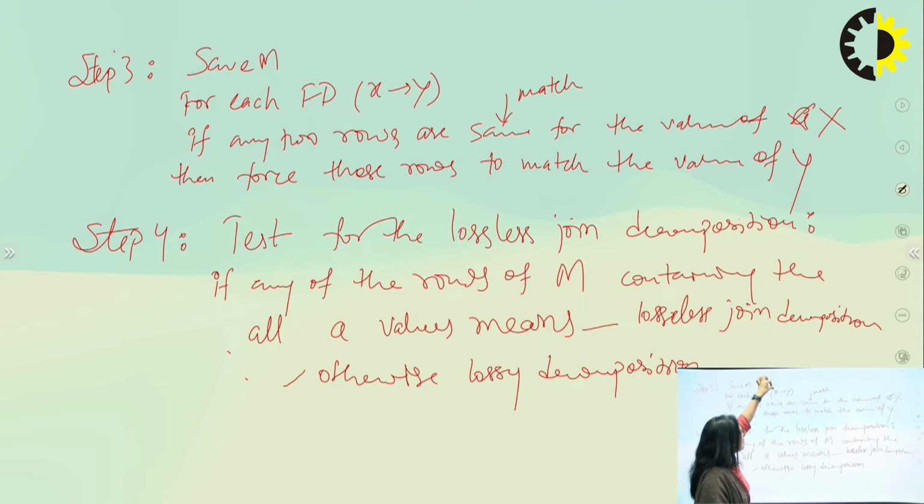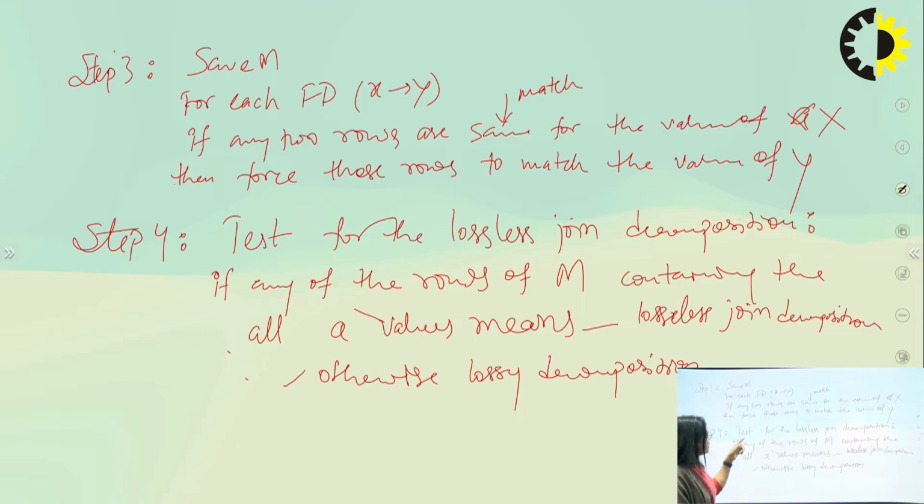If we have X, we can determine Y, or we may say that Y is functionally dependent on X. So if two rows are matching on the value of X, we may write Y instead. That's why here we have written that force those rows to match the value of Y. That is very obvious. And for each and every functional dependency, we will repeat this step.